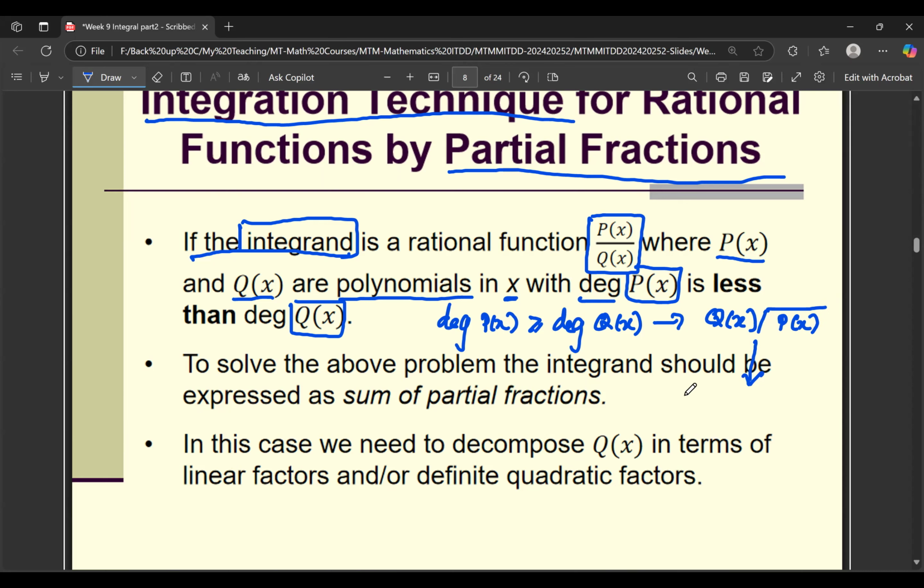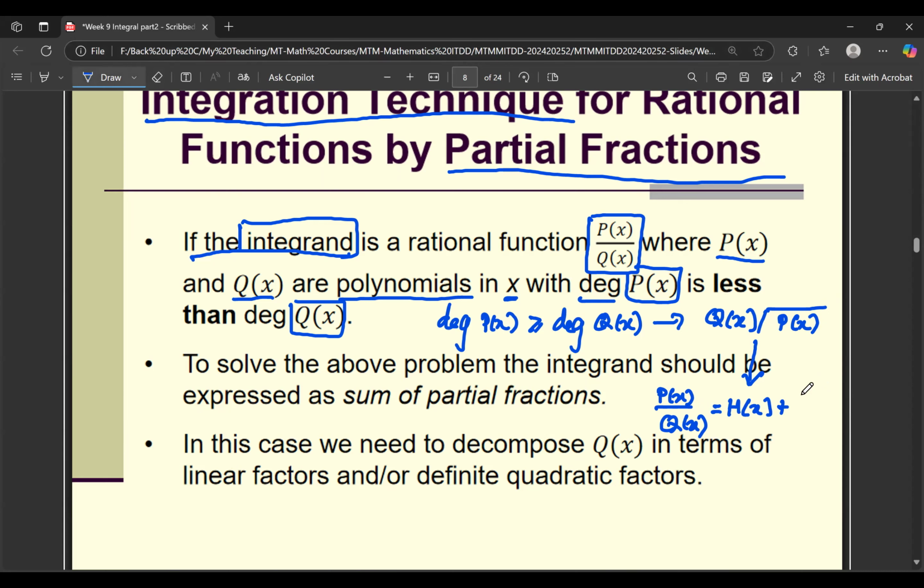After we divide, maybe we have a result, and we also have a remainder, in this case we say s(x).